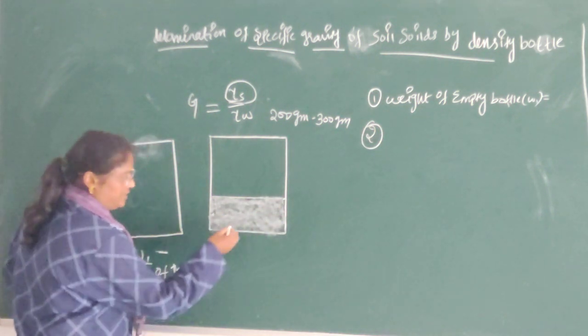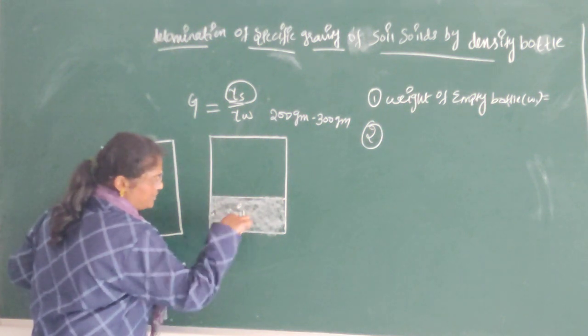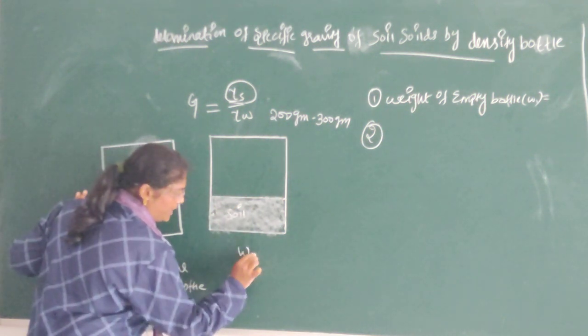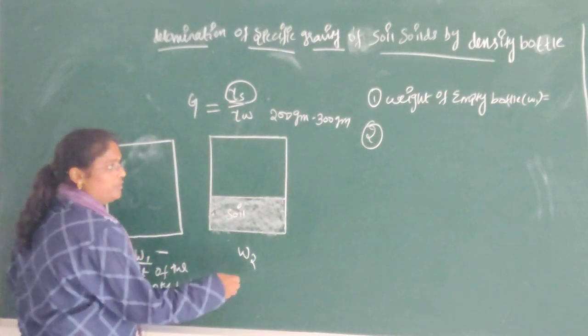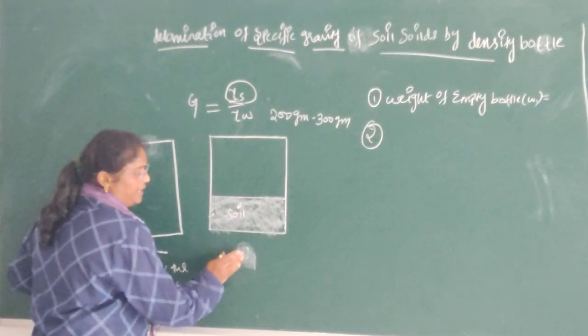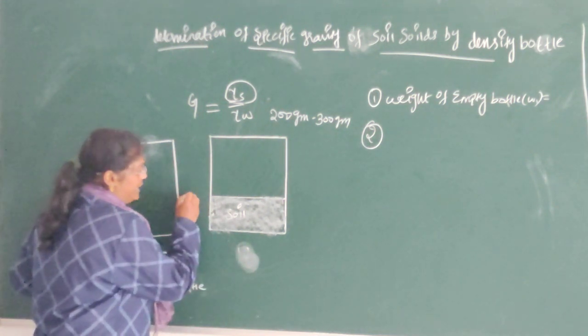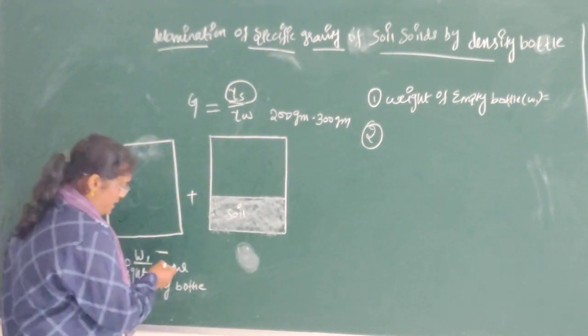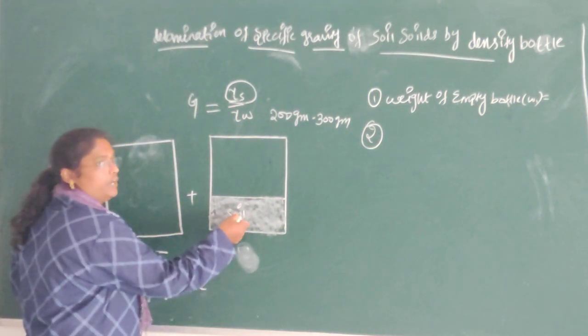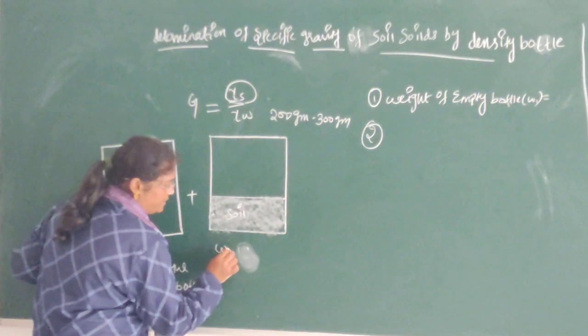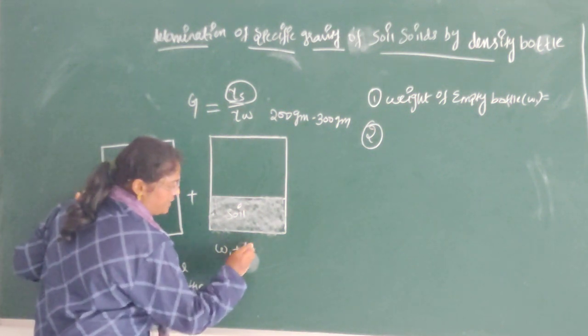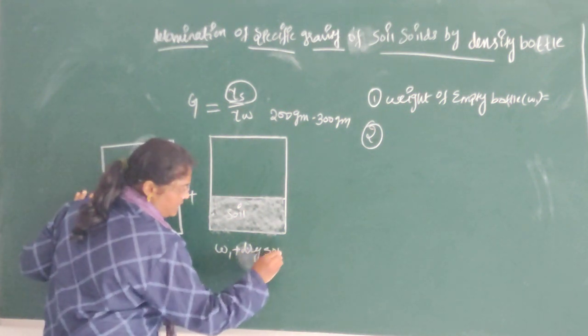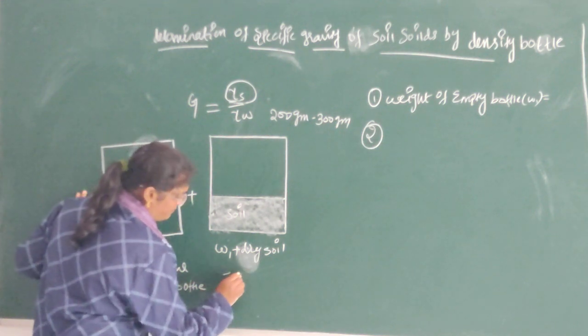This will be the soil solids. So this will become W2. Here I am writing W2. W2 will become W1 plus your dry soil sample.